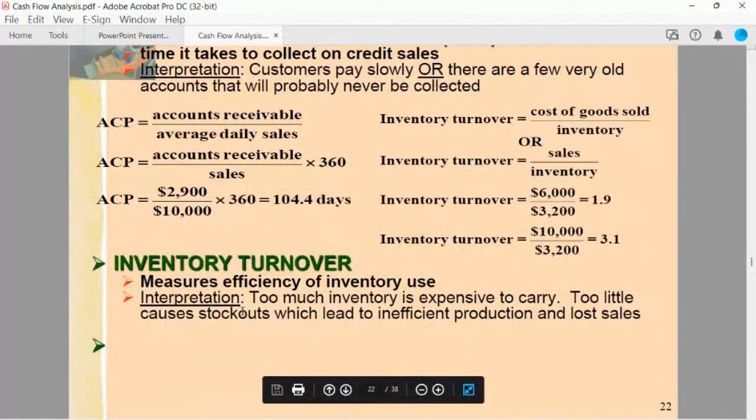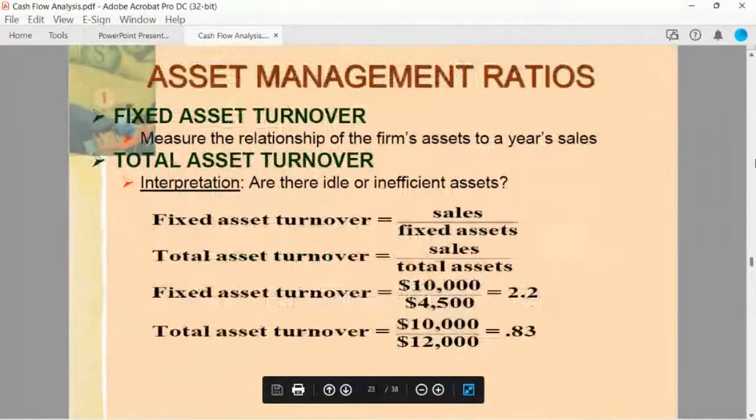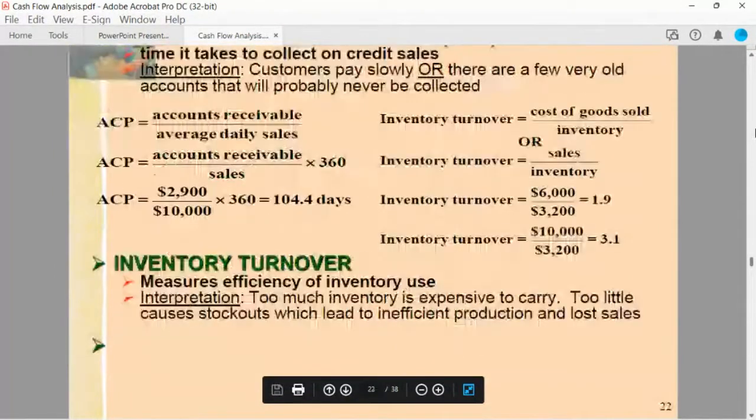The inventory turnover ratio measures, why is it like this? It doesn't show any formula. Okay, I guess when I convert it into PDF, sometimes some formatting is gone.